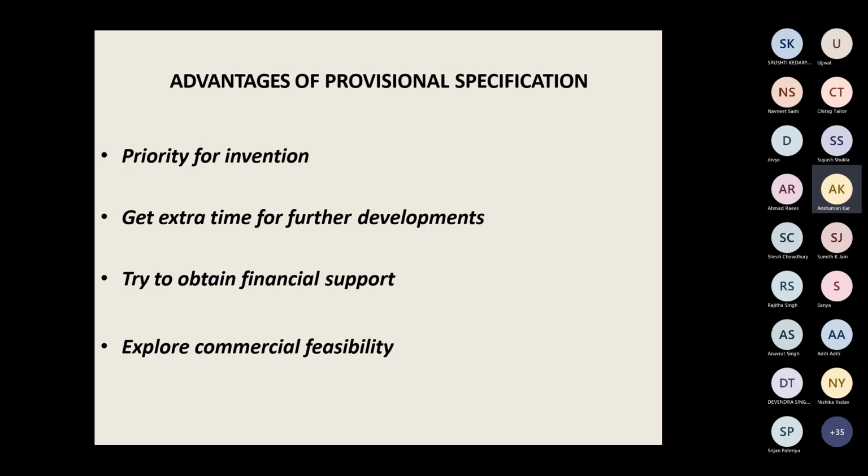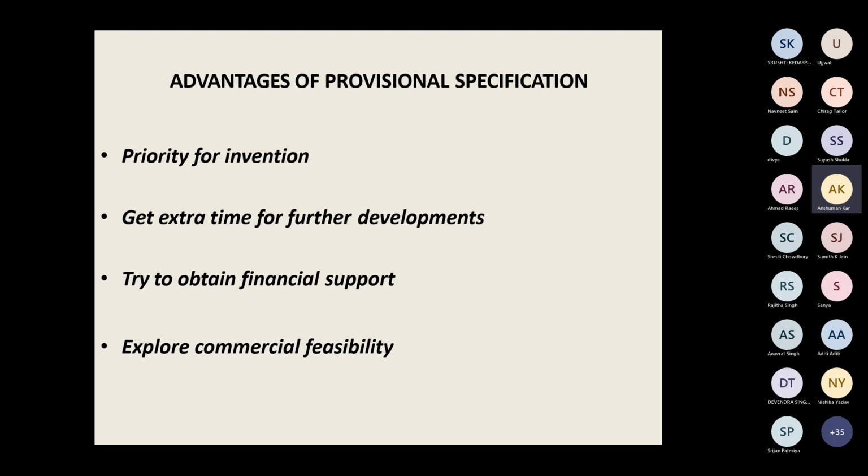My competitor comes up and files the complete one on 1st February. In that case, I will be given priority because I have already given certain information to the examiner. I have already filed an application. So this priority is the one.